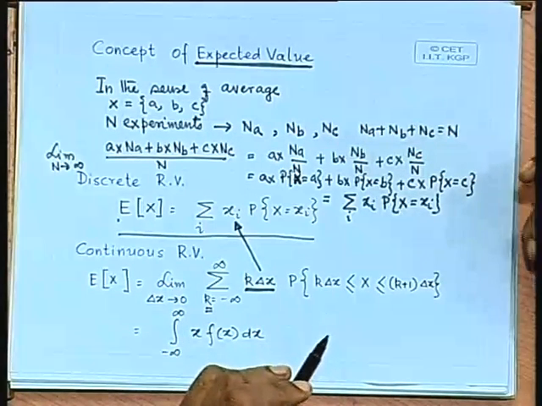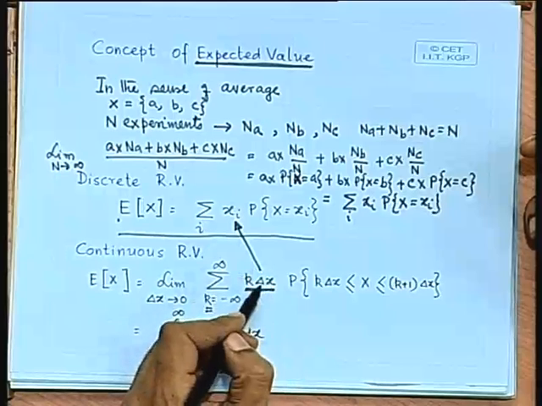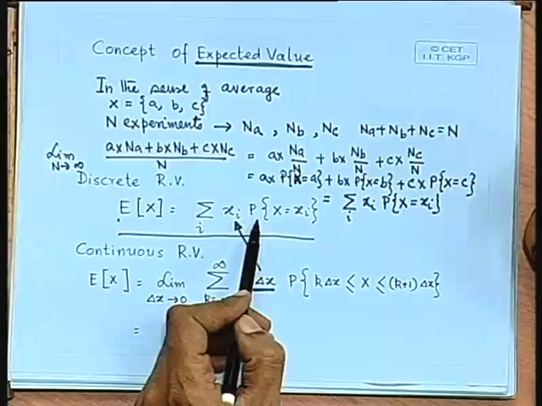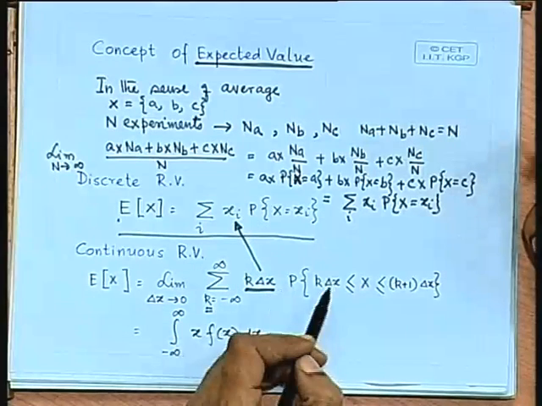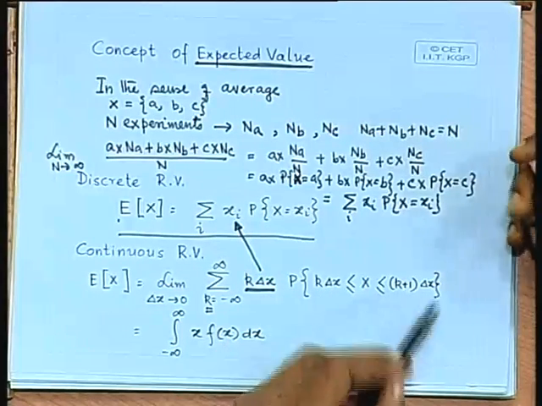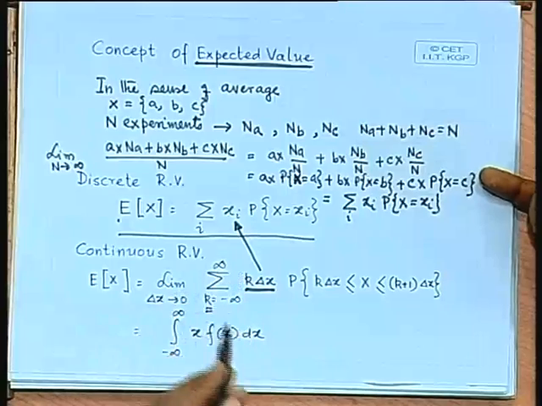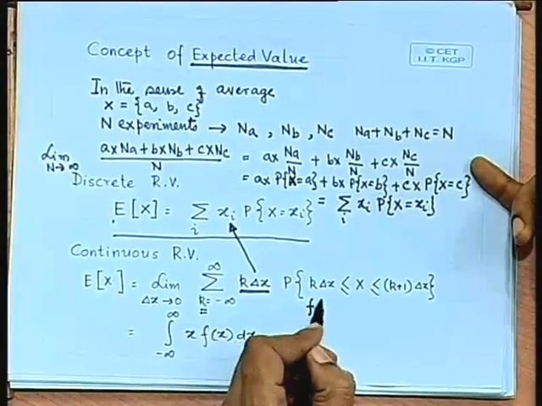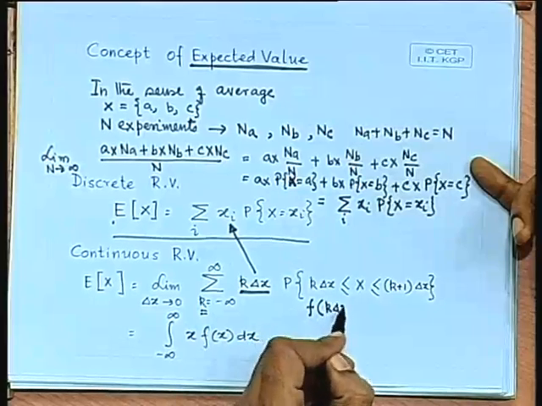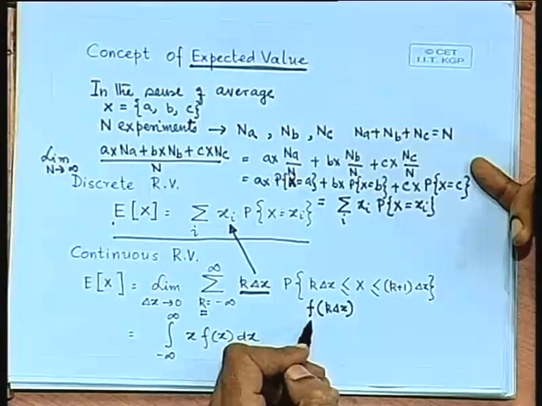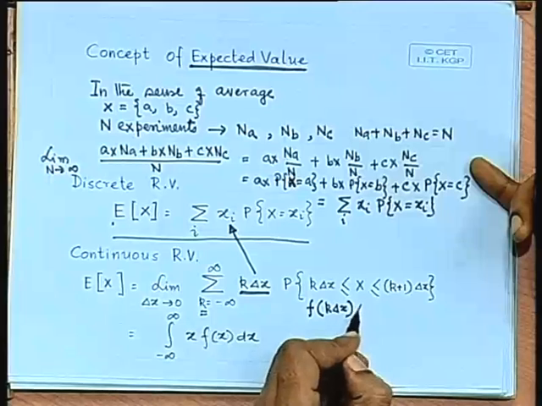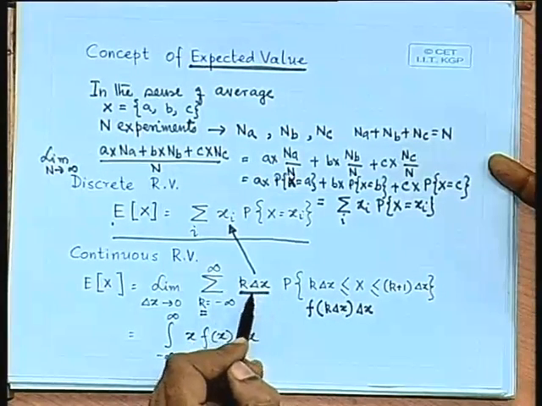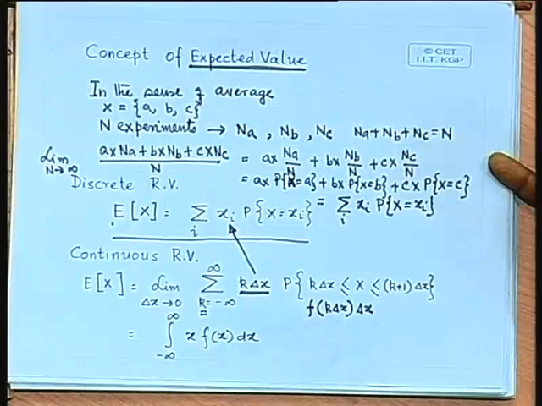So what is the probability that it falls between k delta x and (k plus 1) delta x? That probability is nothing but f of k delta x, where f is the probability density function, times delta x.